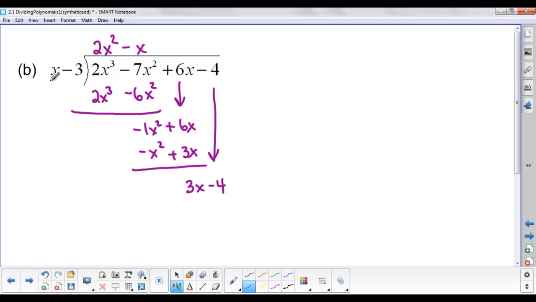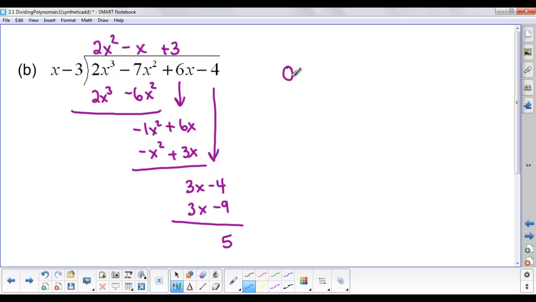Again, compare first terms. X times 3 would give me 3x. So I'm going to take this positive 3 and multiply my divisor. 3 times x and 3 times negative 3. And we subtract. Negative 4 take away negative 9 leaves me with positive 5.